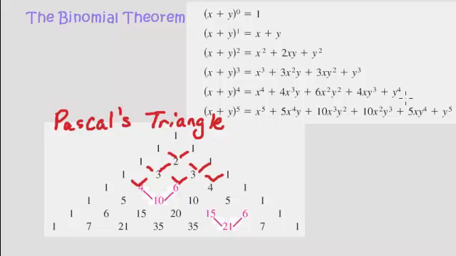Notice that this row 4 here corresponds with the coefficients that are in this row having to do with the exponent of 4. It's not really the 4th row, but if you count 0, 1, 2, 3, 4, it is the row belonging to exponent 4, we might say.